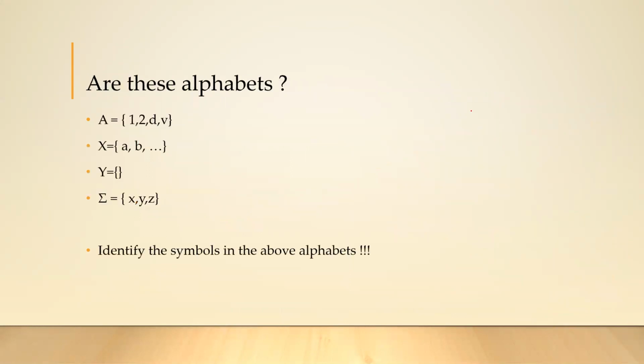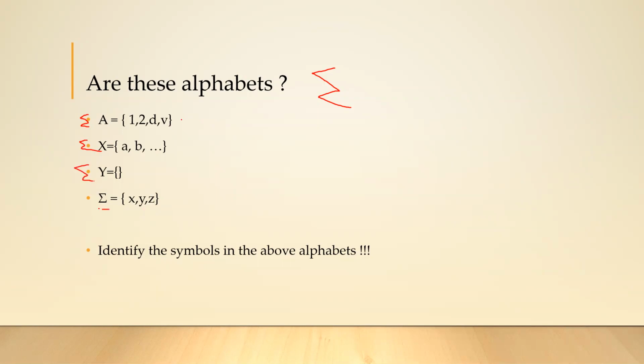Now, let's see a few examples. As you all know, alphabets are denoted by sigma. I have my first sigma, which I simply called A here. This is my second sigma, my third sigma, and my fourth sigma I gave the name sigma itself. Now we have to find out whether each of these is an alphabet.